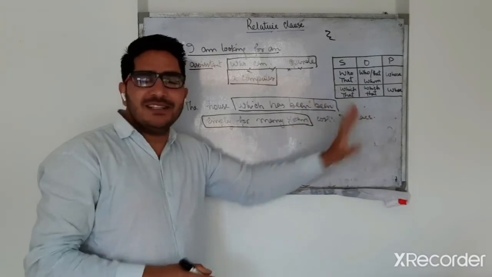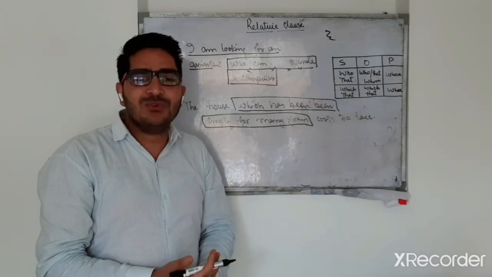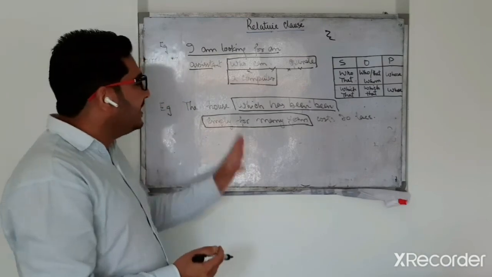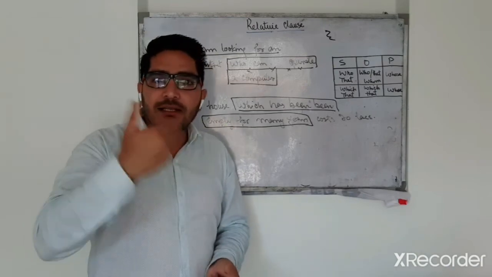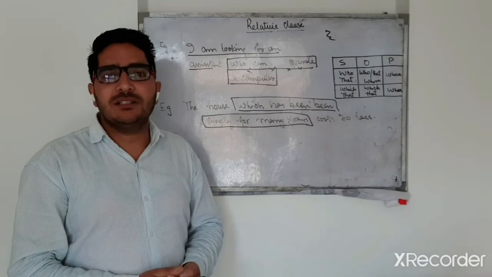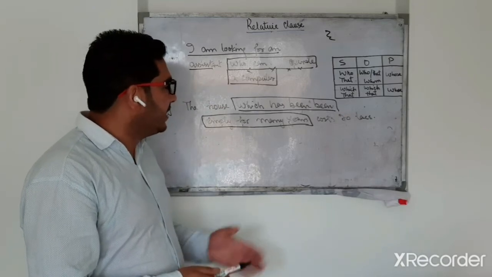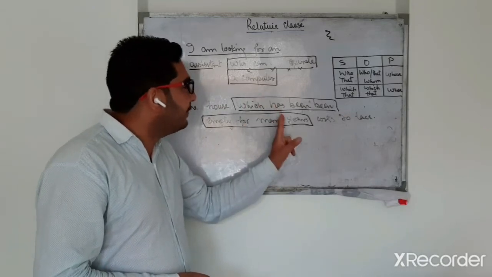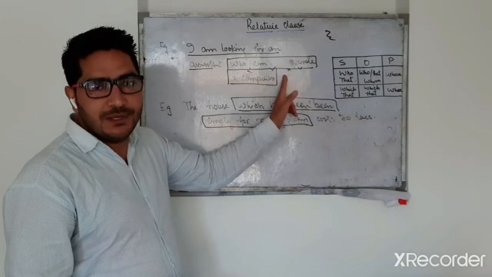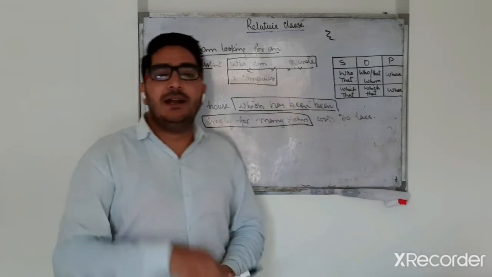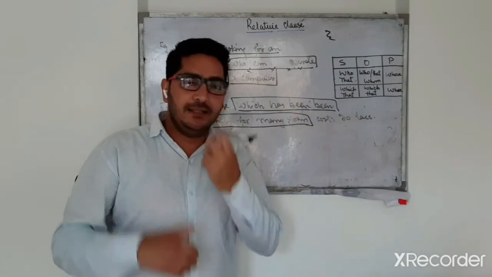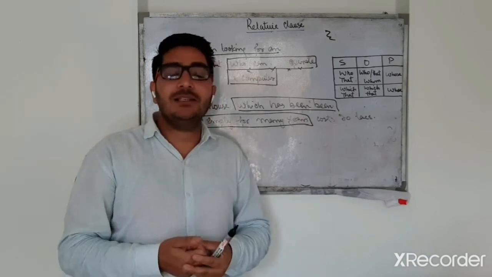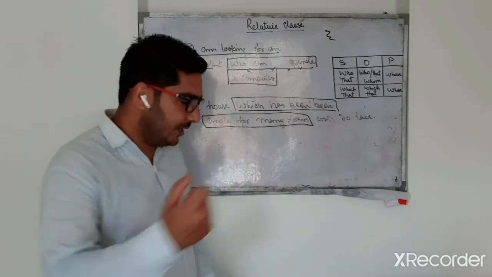The sentence is done: the house costs 20 lakhs. But it has been empty for many years is extra information. So this is extra information and this is essential information. And this is the difference between a defining relative clause and a non-defining relative clause.